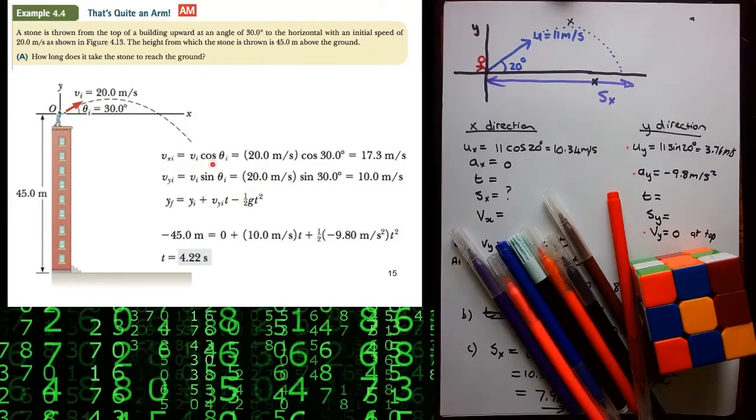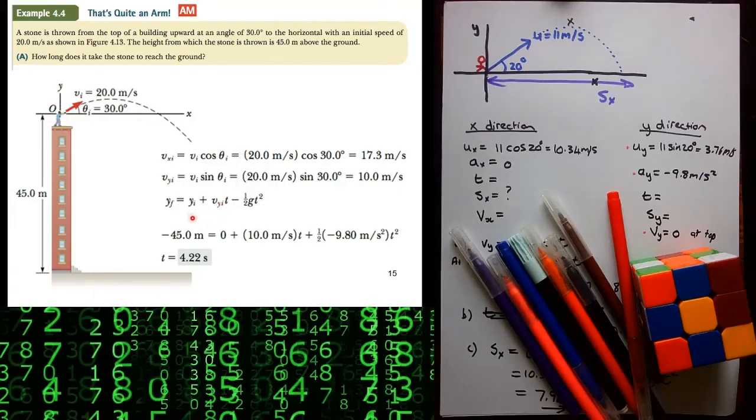That will be u cos theta. We can calculate that to be 17.3, and we can calculate the initial velocity in the y direction using u sine theta, and this gives 10 meters per second. You can see both are positive because the stone is being thrown upwards.